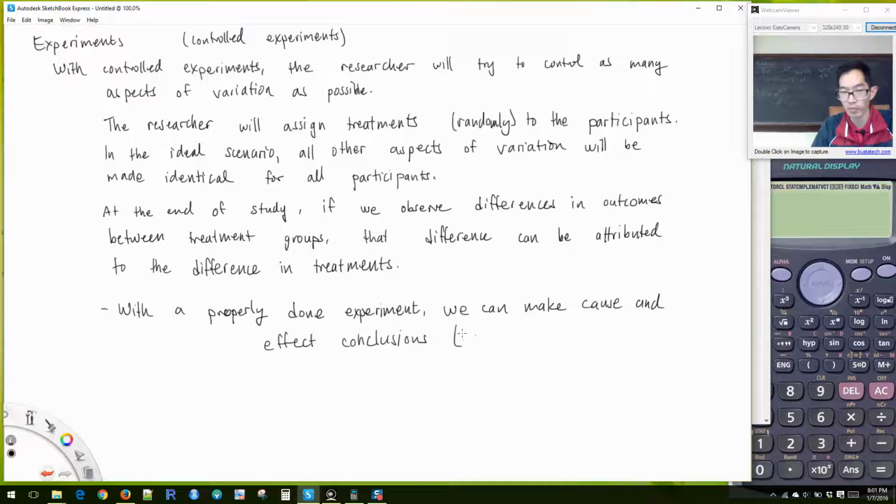Okay, of course, if supported by data. Okay, but experiments are not always possible, because of ethical or practical reasons.